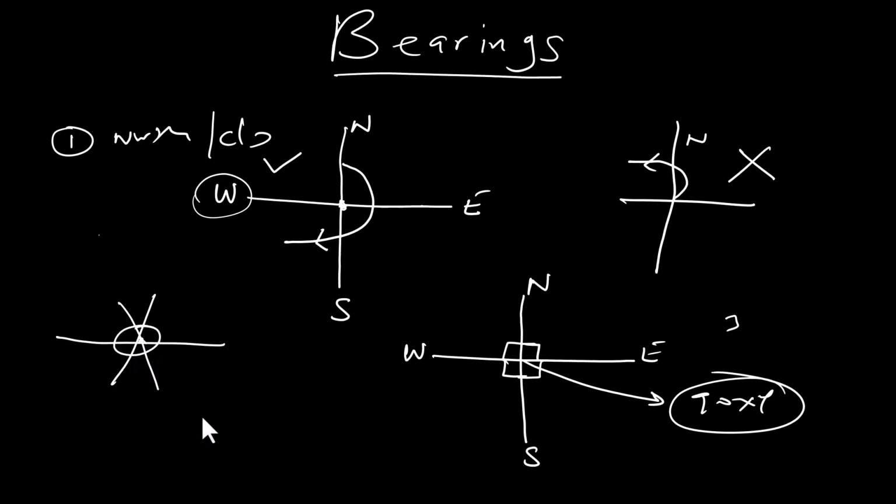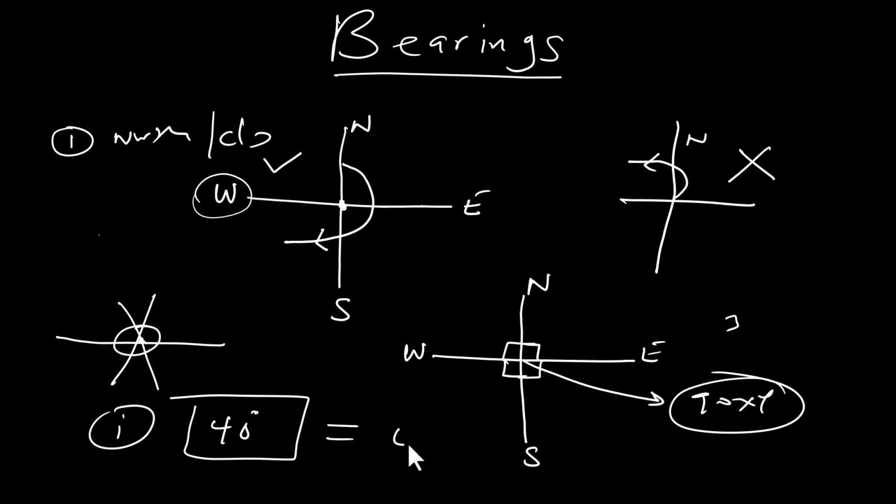We can also talk about the representation of the angles. In case you are solving a question like this and you get something like, let's say, 40 degrees, remember the angles are supposed to be in three digits. So your 40 here will be 040 degrees.